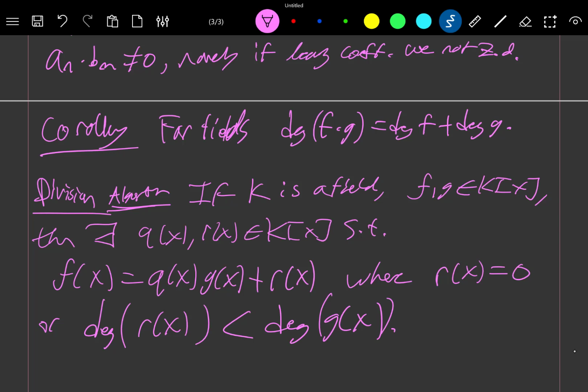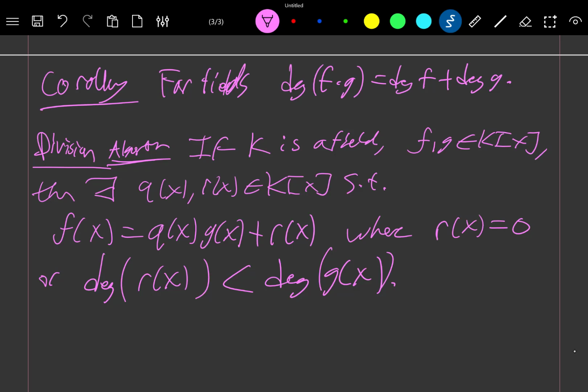If you take the 0 polynomial, this is why we can consider it to have negative infinity, because these inequalities and everything will hold. So here's the proof.